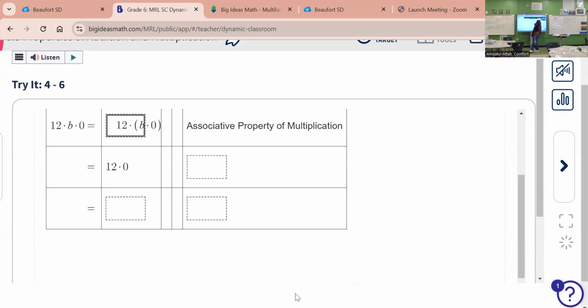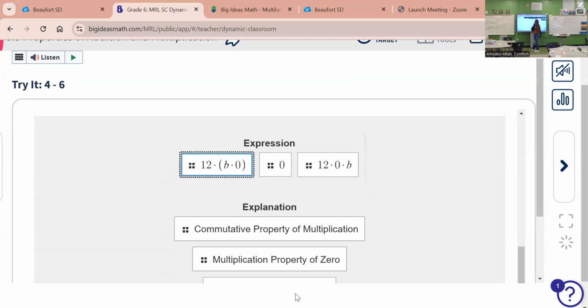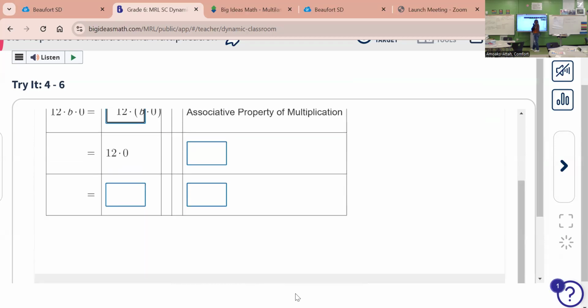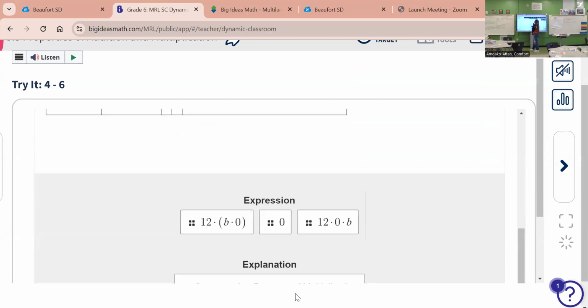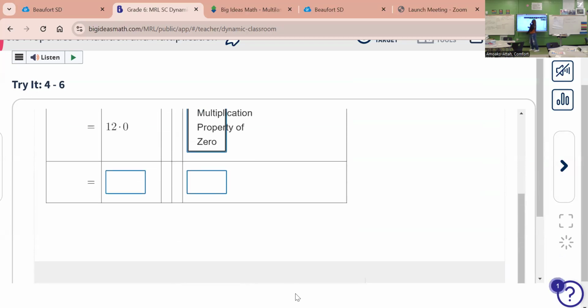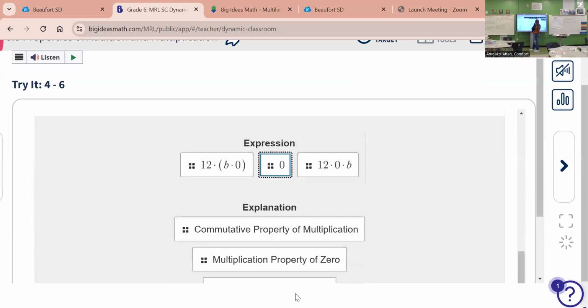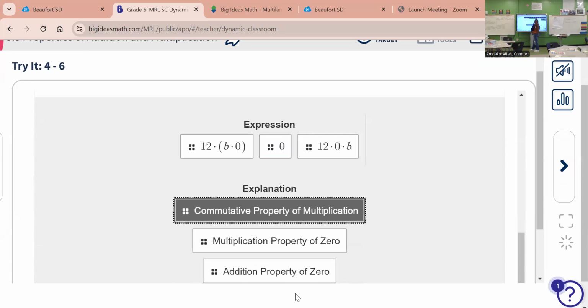Then we have 12 times 0. Why? Because b times 0 gives 0. What property did we use? Multiplication property of 0. We choose that. Good job, guys. Then 12 times 0 is what? It's 0. What did you use to get your answer? Again, we use the commutative property of multiplication. Right. Good.